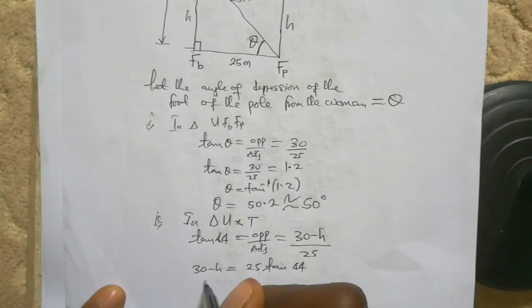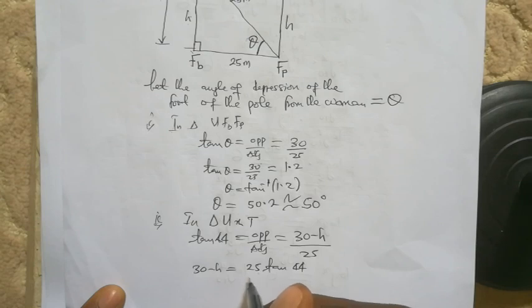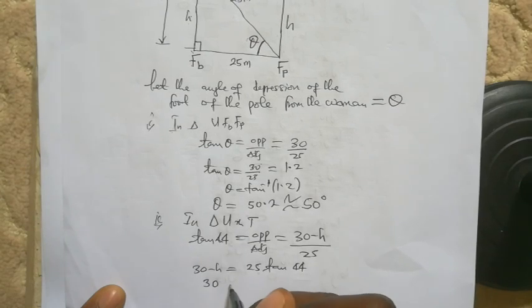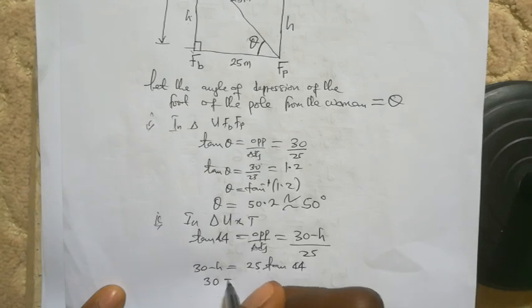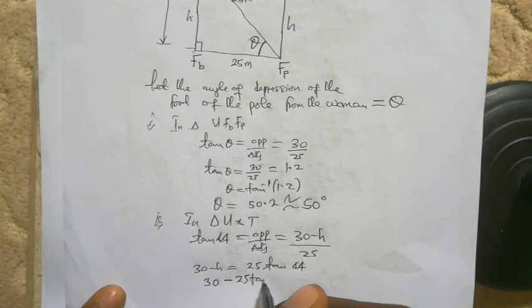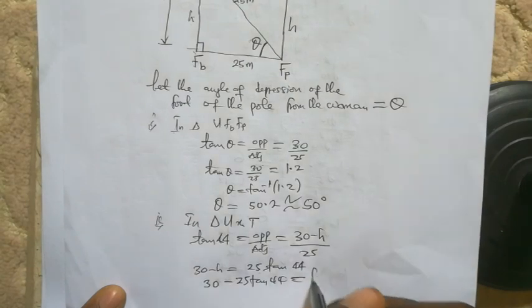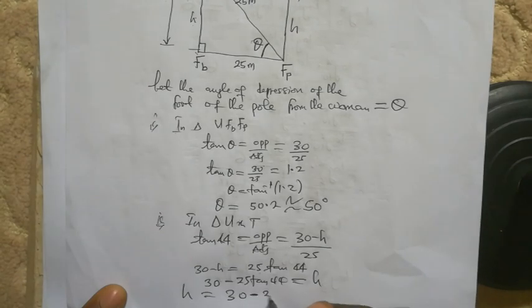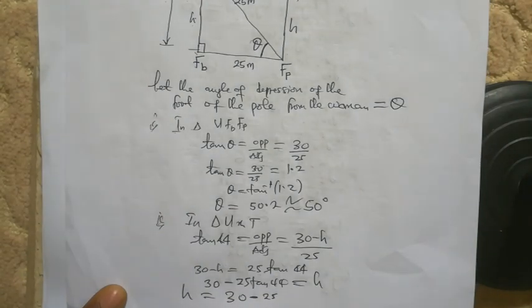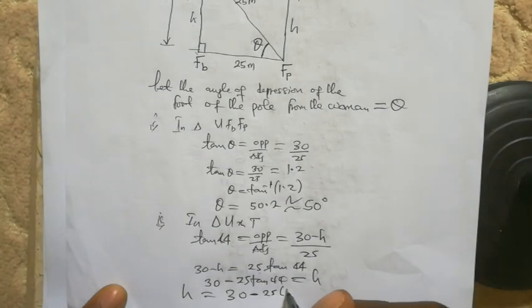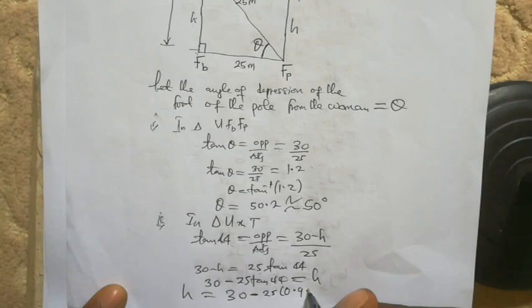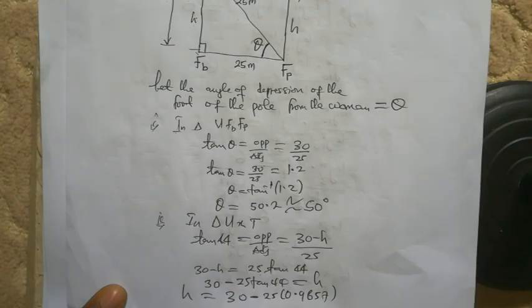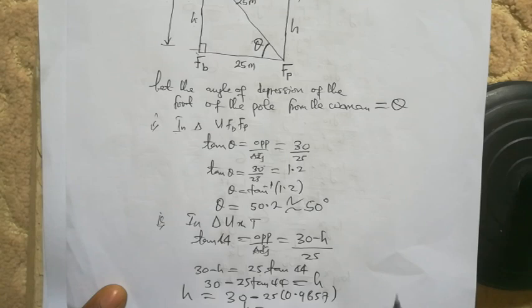So we have 25 tan 44 equals 30 minus h. So our h is going to be 30 minus 25 times tan 44, and tan 44 is 0.9657.